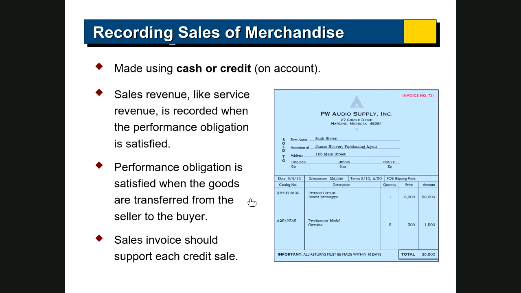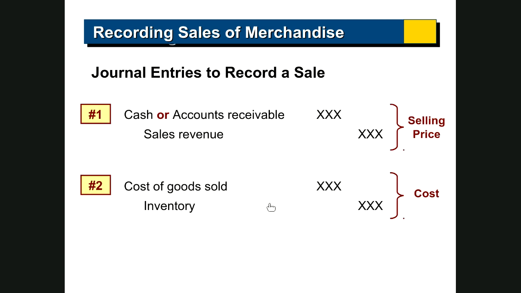If you are doing perpetual inventory, then you record these two entries, which all of you have recorded multiple times: cash debit, sales revenue credit, accounts receivable debit, sales credit.